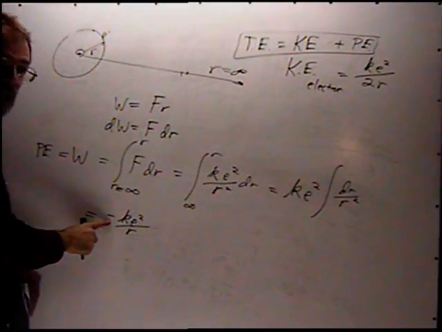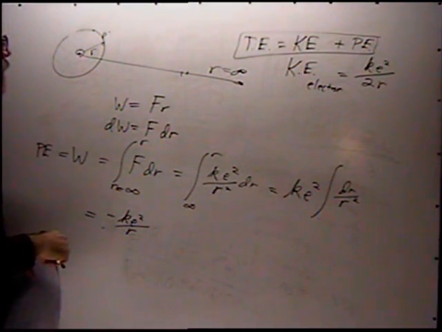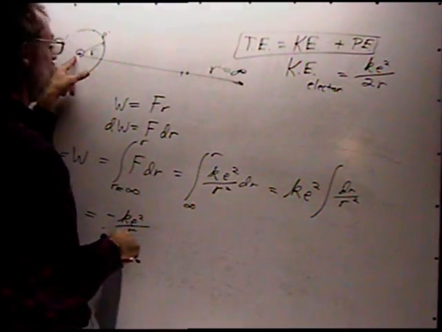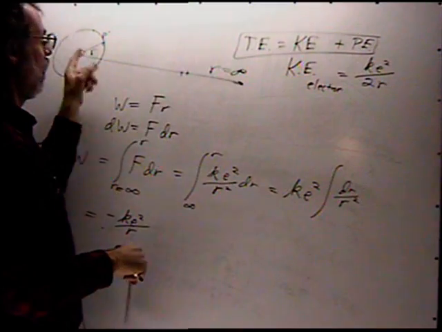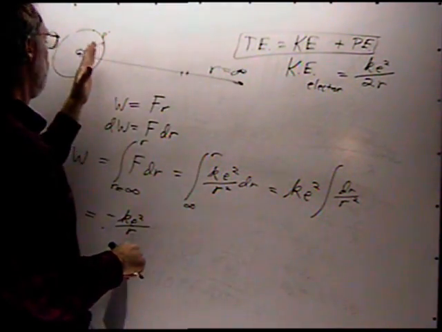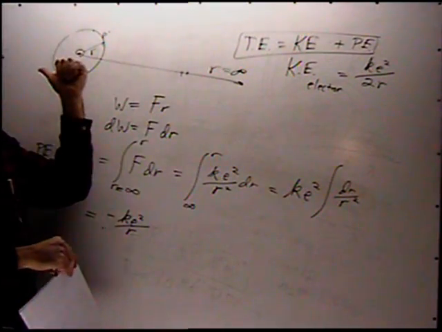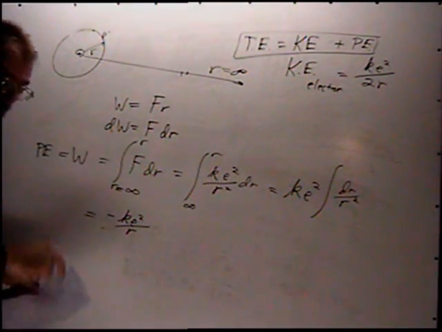Why is it minus? It's minus because the electron is attracted to the proton, so it wants to come in. You basically have to hold the electron back with a certain amount of energy because it wants to fly into the nucleus.